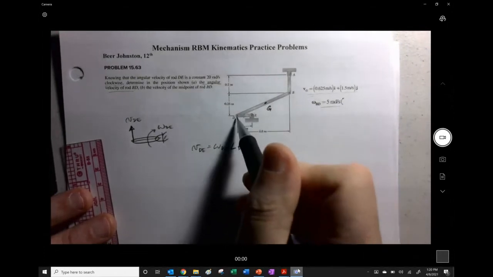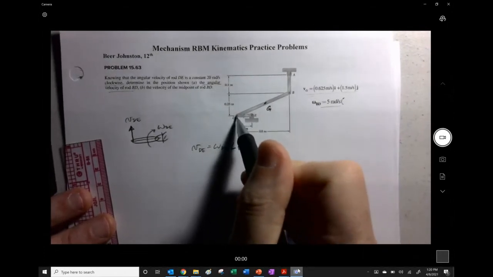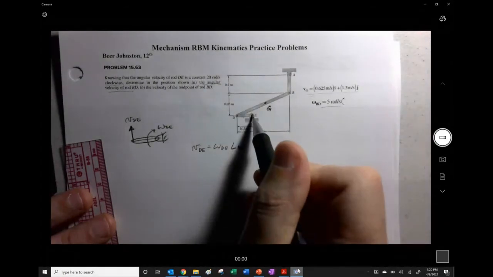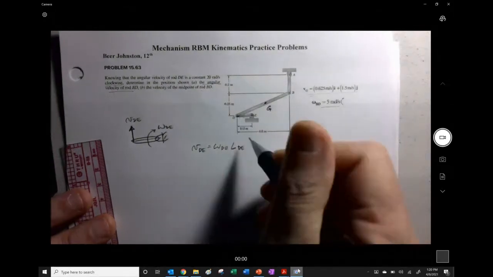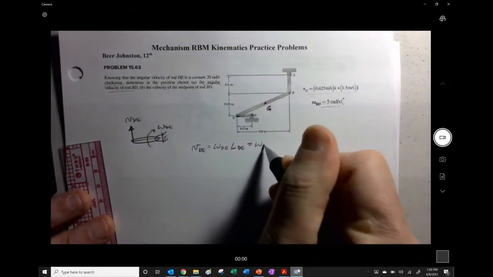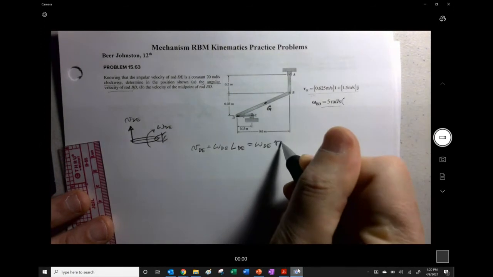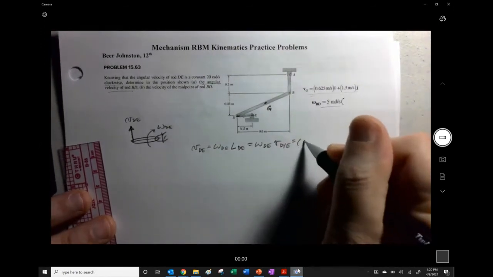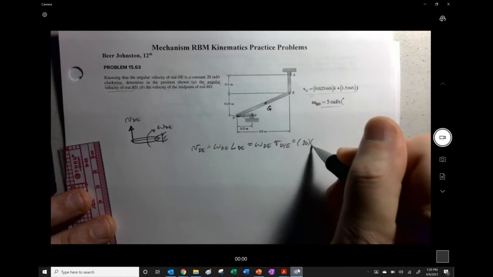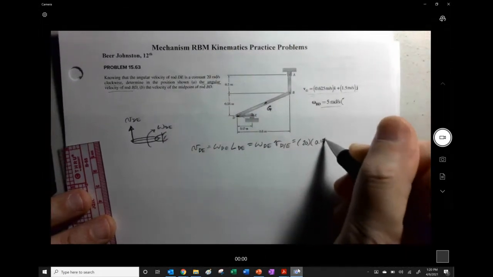Or we could also call it R D with respect to E, right? So the D with respect to E, I could also write it this way. So that's just going to be 20 radians per second times our 0.15.